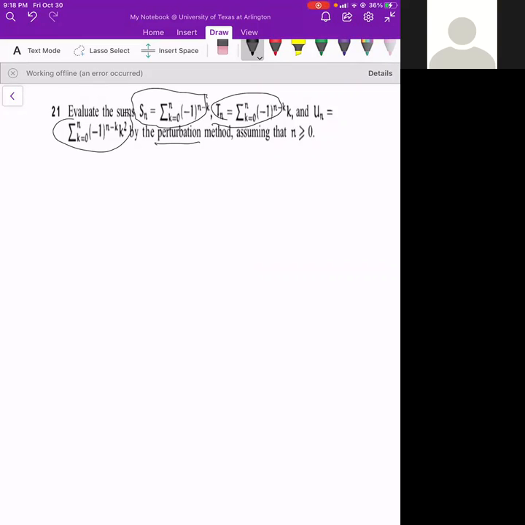In the most simplistic manner, the perturbation method is basically trying to split a sequence and manipulating it algebraically so that we find some kind of relation for the desired sum. Let's say we have a sum Sn equals the sum from k equals 1 to n of a sub k.